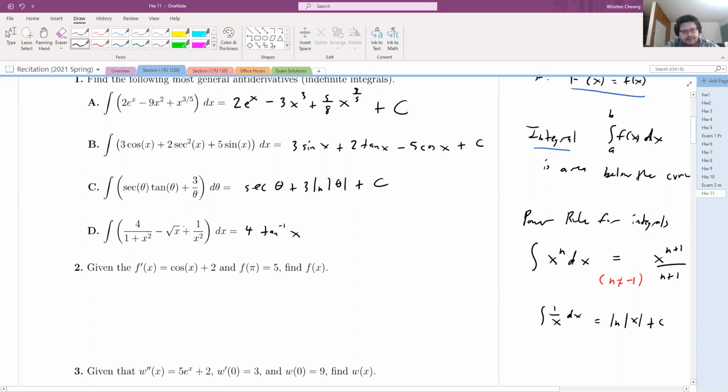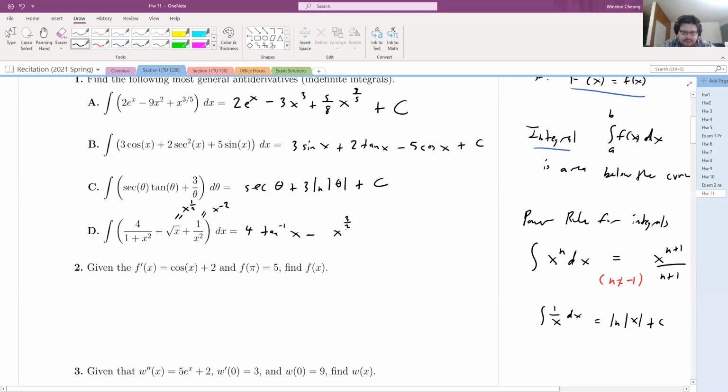Okay. And then for these last two, I actually want to think of them as x to some power, and then I want to use the power rule for integrals here. So for the x to the 1/2, I add 1 to the exponent, and then I divide.